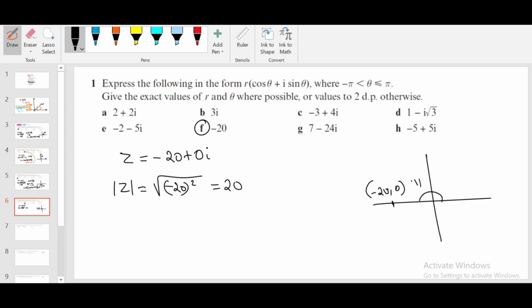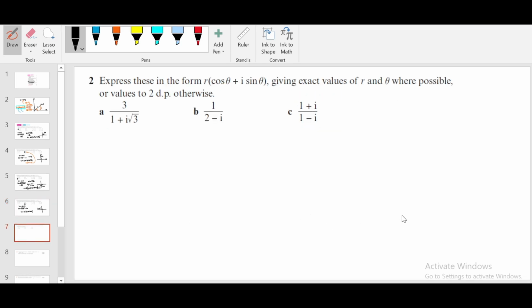The angle is pi actually. So you can straight away write z is equal to r cos pi plus i sin pi. So that's how you write the complex number given in the form x plus iy in the modulus argument form.